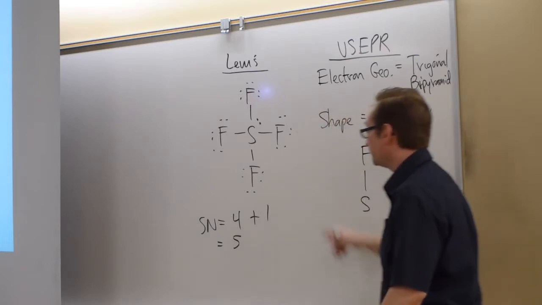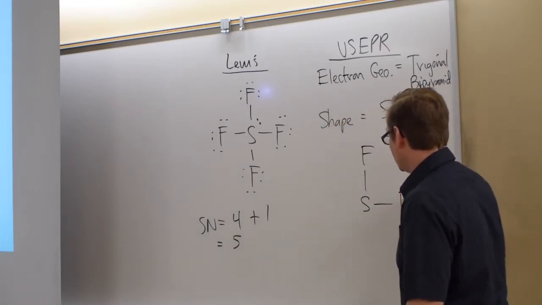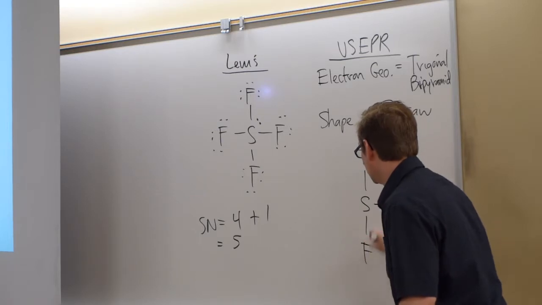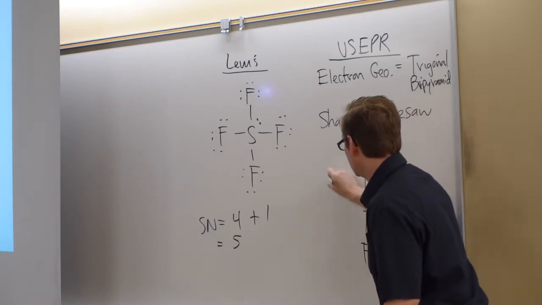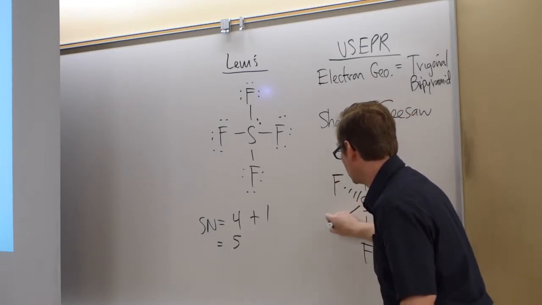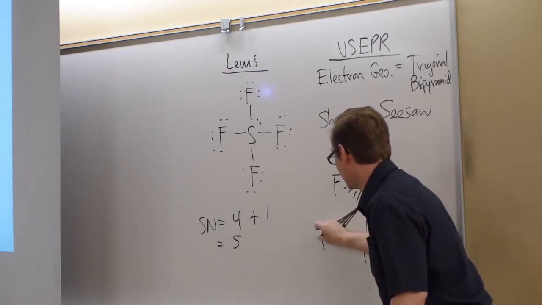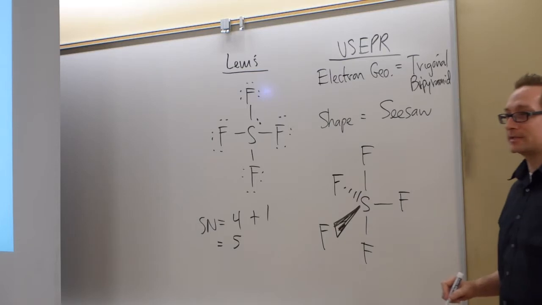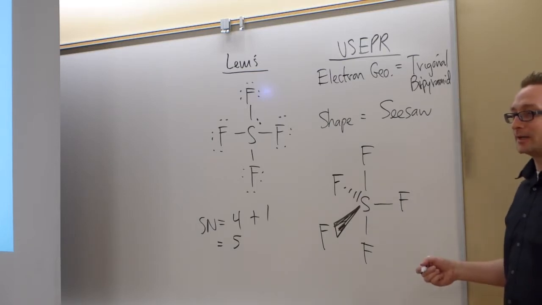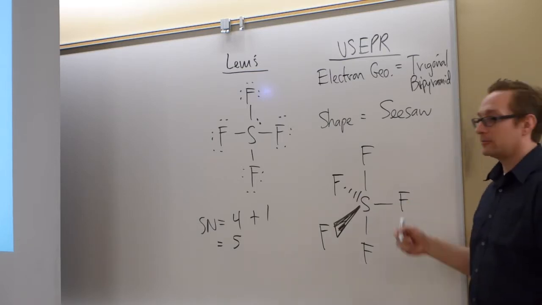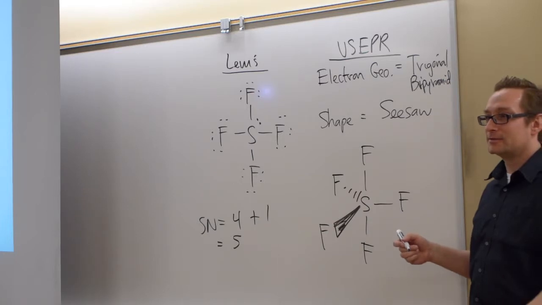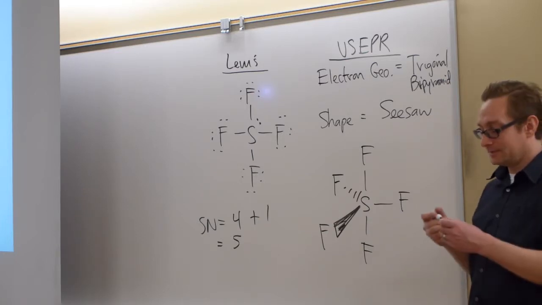Let's just say if it was 5 fluorines on this. What if we had 5 fluorines on it, but we don't? So where do we take that fluorine off to put the lone pair on?